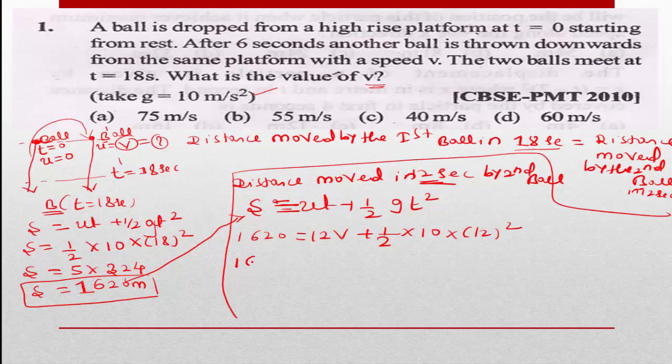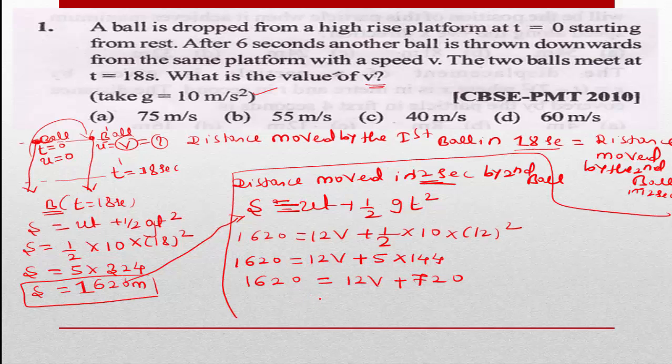We get 1620 is equal to 12 v plus 10 into 1 by 2, that is 5. 5 into 12 into 12, that is 144. And then 1620 equal to 12 v plus 144 into 5, that is 720.